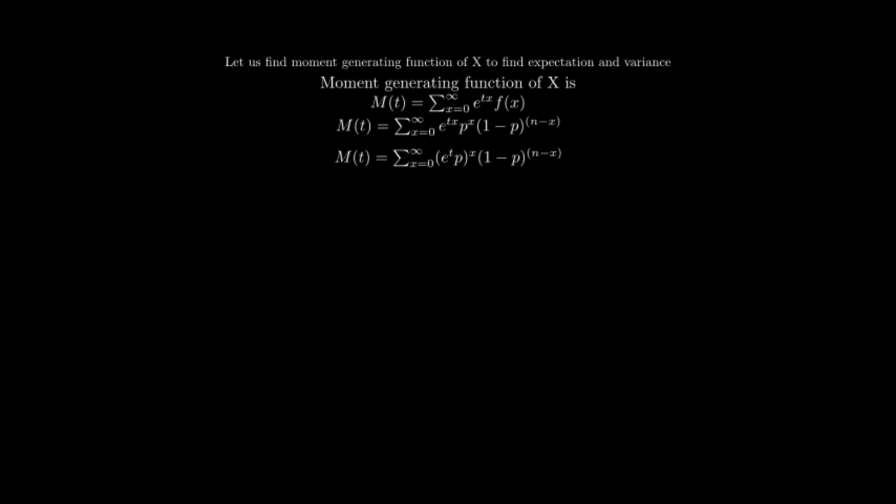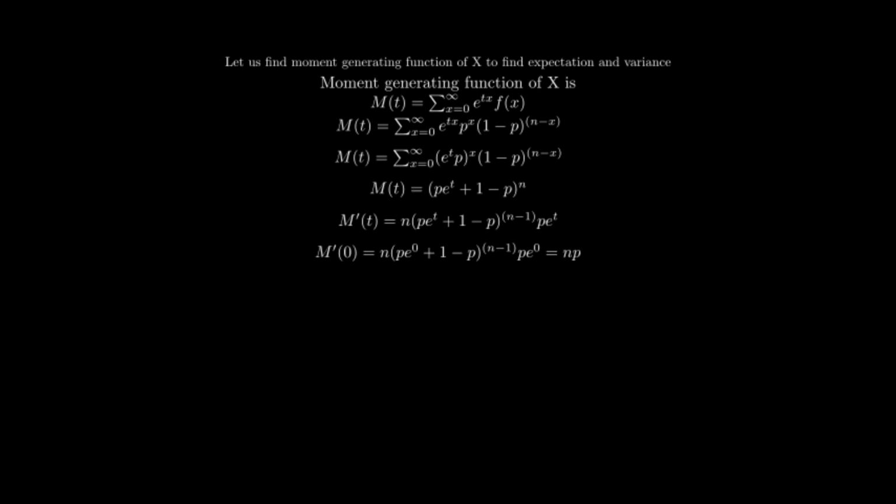Now if you differentiate that generating function and put the value of t as 0, that would be the first moment, and the first moment of a random variable is the expectation, and in the case of binomial distribution that is np. So this is the expectation, mean or first moment.